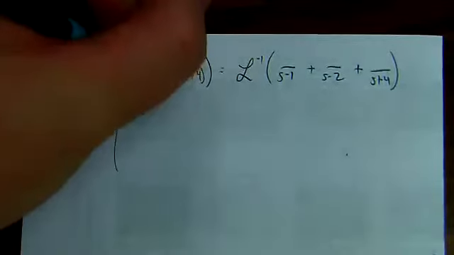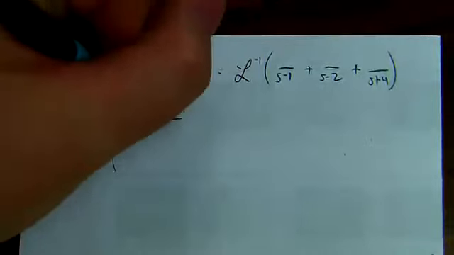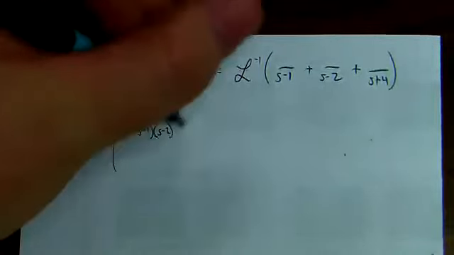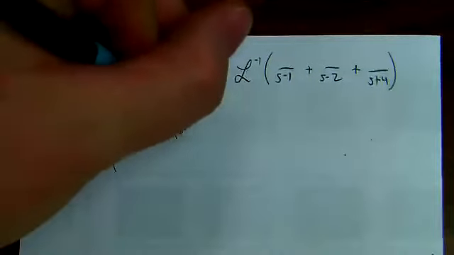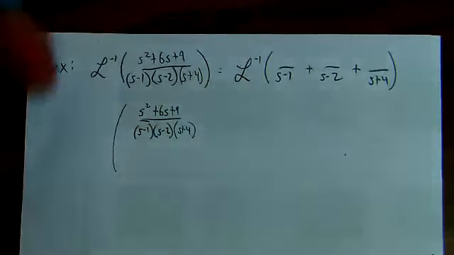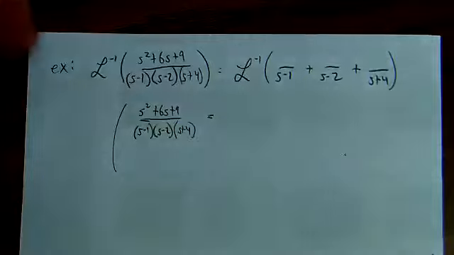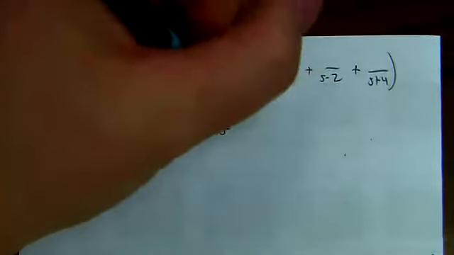So just some small scratch work to give you a jumping off point if you need it. I'm looking to find the values of a, b, and c, so that s squared plus 6s plus 9 is equal to a over s minus 1 plus b over s minus 2 plus c over s plus 4.